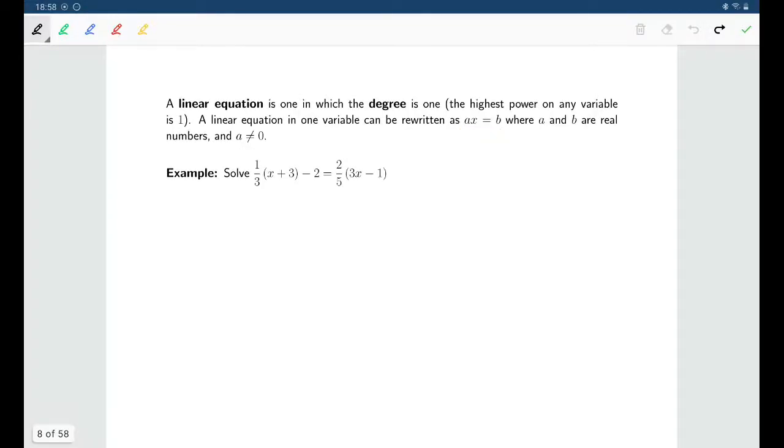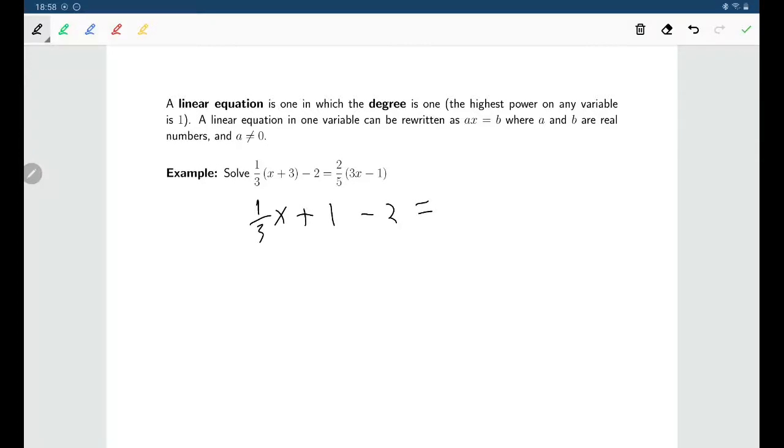And of course, once it's in that form, then you can easily solve for what x is. So I'm going to solve a linear equation here, and I know it's linear because if we were expanding this out, we would see that the highest power of x is 1. There are no x squareds, there are no x cubes. This is strictly a linear equation. So expanding on the left side, we would have 1/3 times x plus 1/3 times 3 minus 2.